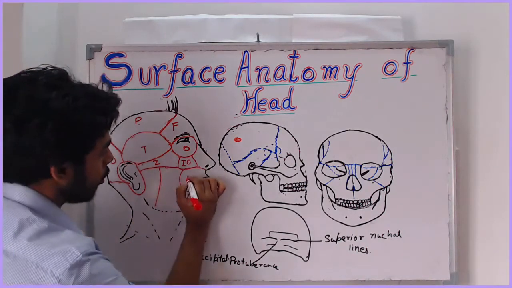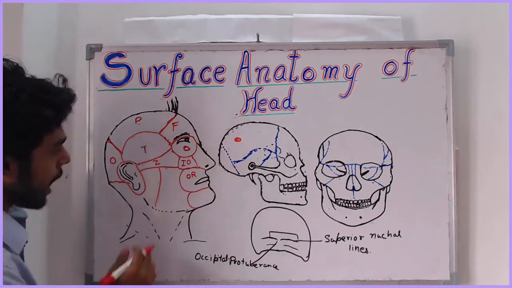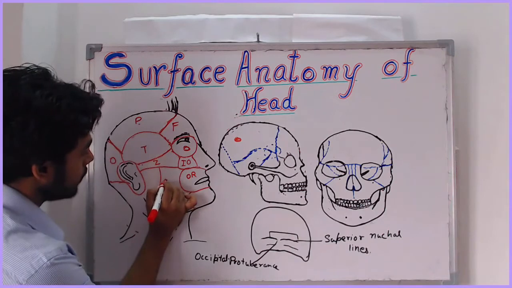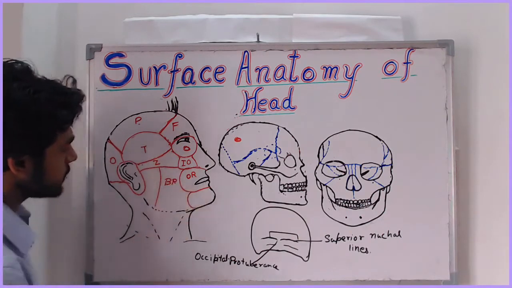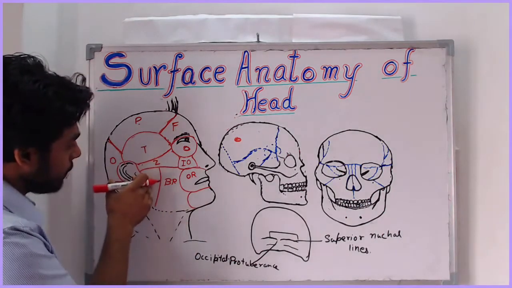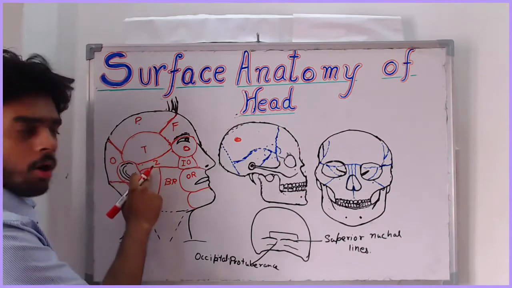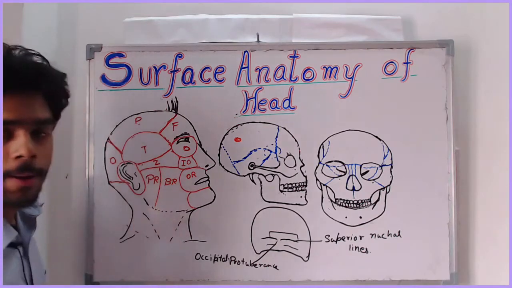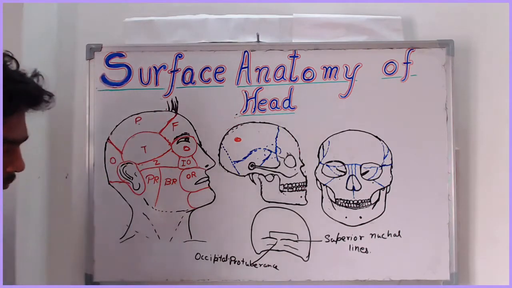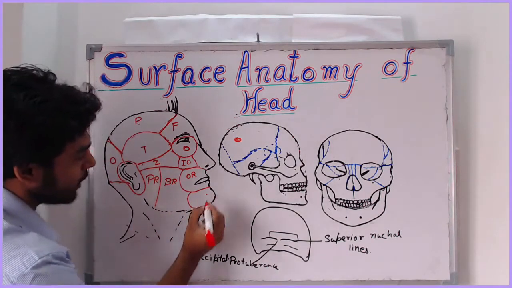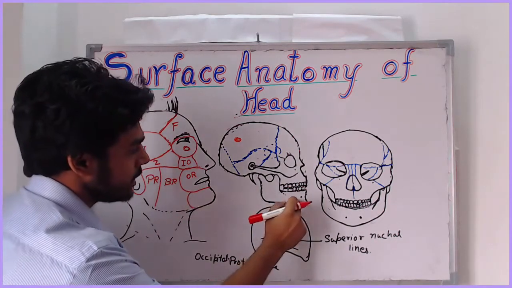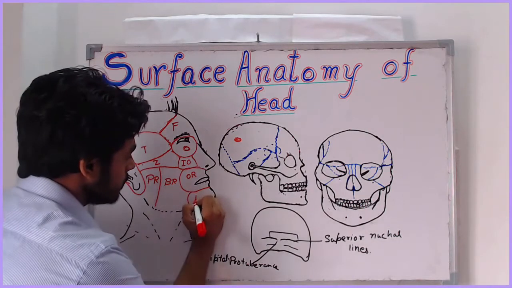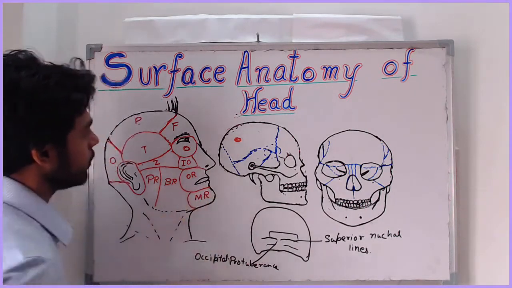This is the oral region, and behind this oral region, posterior to this, we have the buccal region. And since the parotid is present inside the skin of this part, this is known as the parotid region. And since the mental foramen is present here in this region, you can see it here, this region is called the mental region.